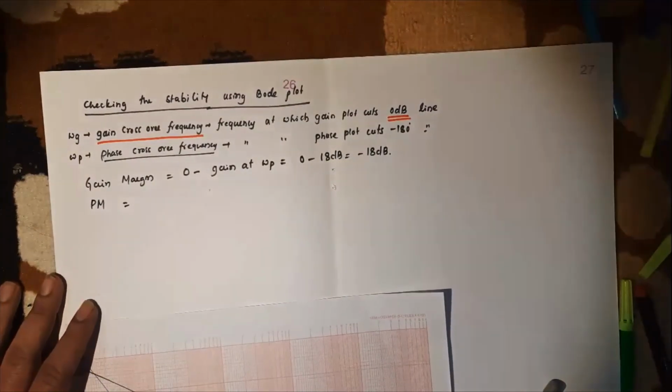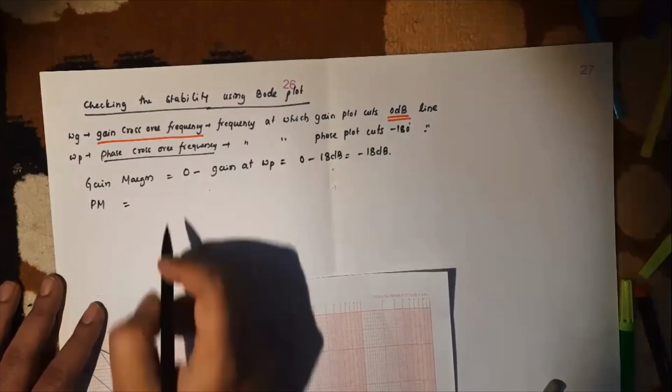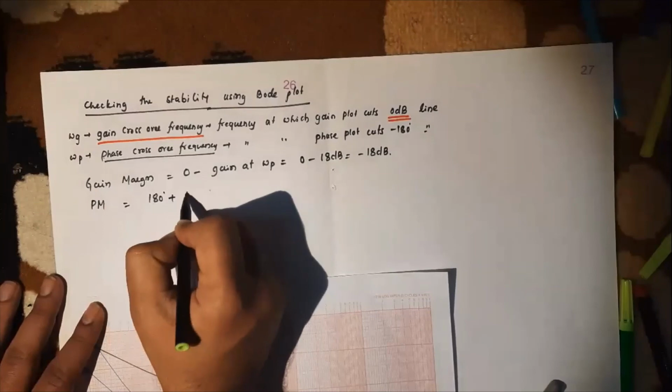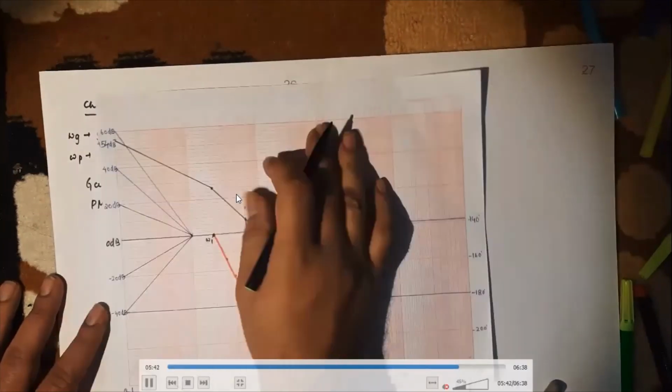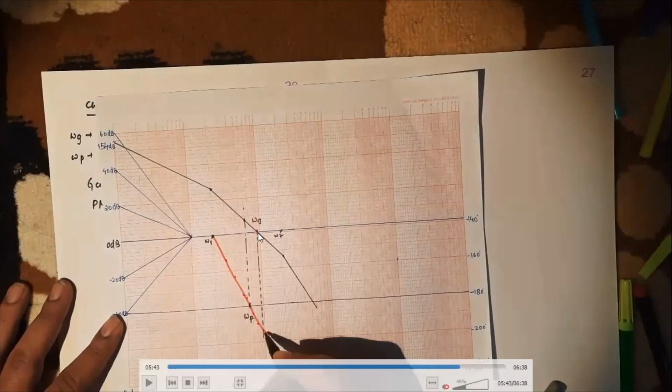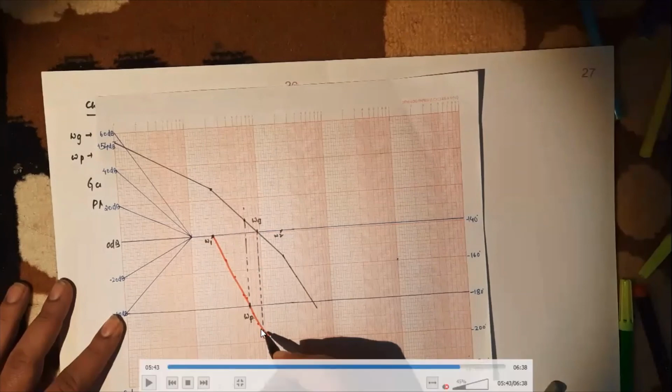Then we need to check phase margin. There is again a definition for phase margin. So what is that definition? It is 180 degrees plus phase at gain crossover frequency. So this is gain crossover frequency, and what is the phase angle at gain crossover frequency? Plot a vertical line, then check the phase angle on the phase angle scale.